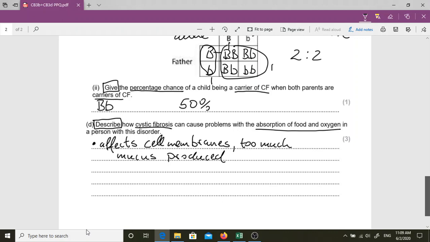Now this mucus covers certain organs. So mucus covers, for example, the lungs, but also the intestines in the digestive tract. So the mucus covers lungs and intestines. I'm going to add that mucus covers lungs and intestines on the inside.